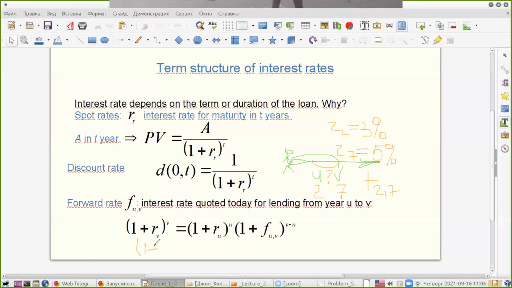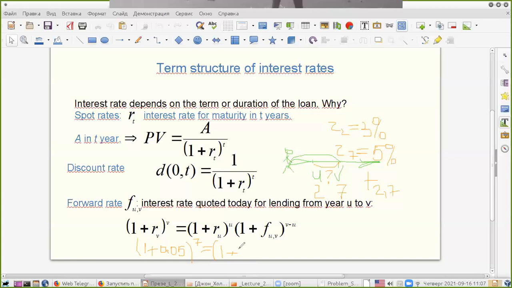1 plus R7, it is 5%, 0.05, to the power 7 equals 1 plus, what do I have to write?